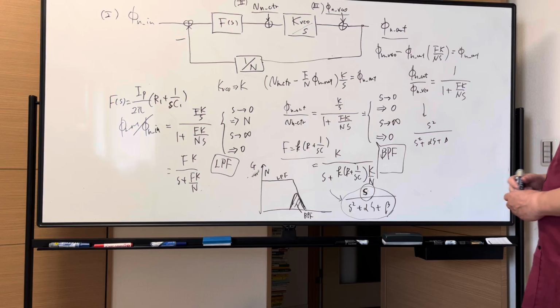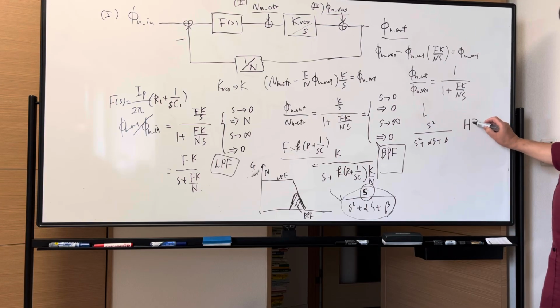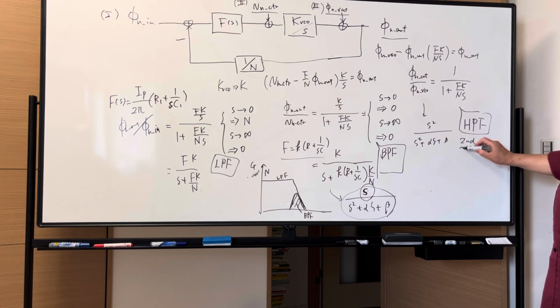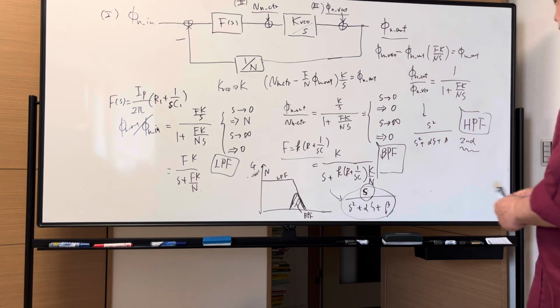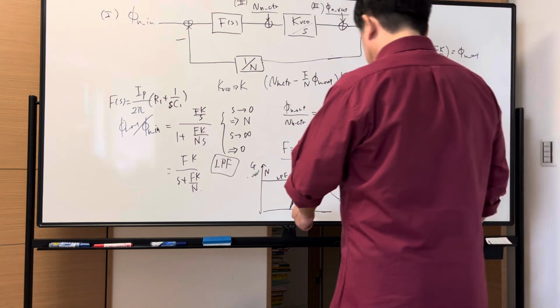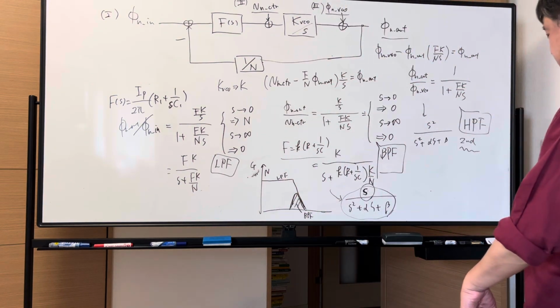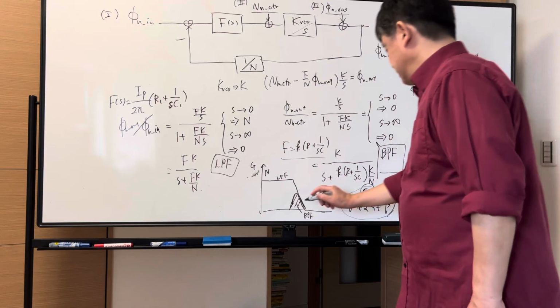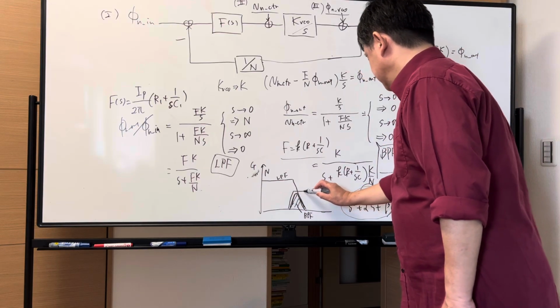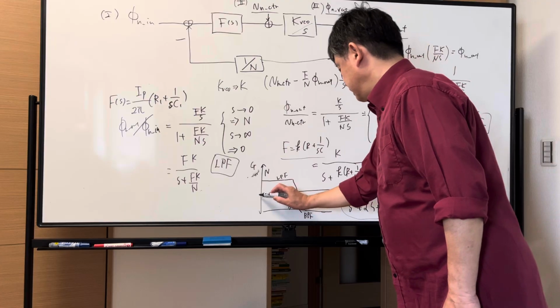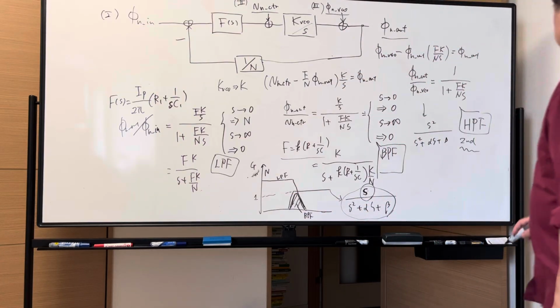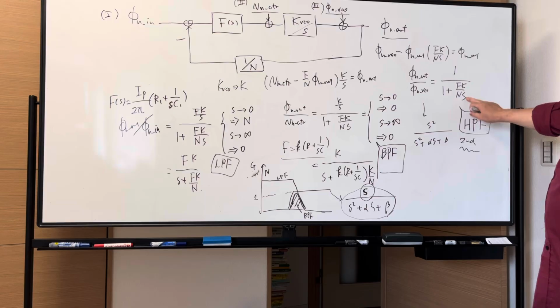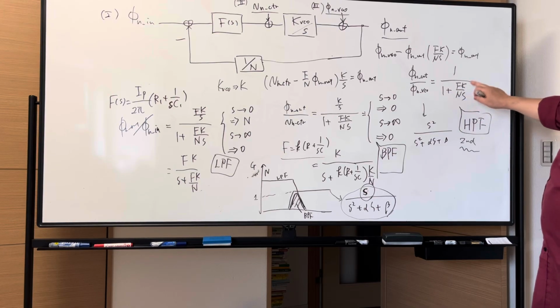This is a high pass filter. Second order high pass filter. First order high pass filter. Second order high pass filter. Band pass filter. High pass filter. The high pass filter may be like this. This is just one. Because S going to infinity, this may go to 0 and this is going to 1.